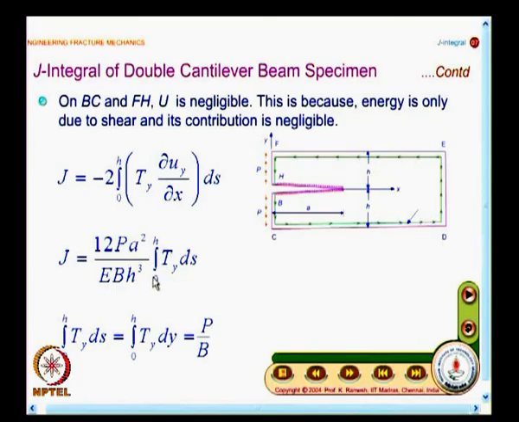And I have already said, even while writing the P as shear loading, the integral of the variation should go to the value P. So, you have the integral 0 to h of T y ds, that is equal to the integral 0 to h of T y dy, and you get this as P by b.